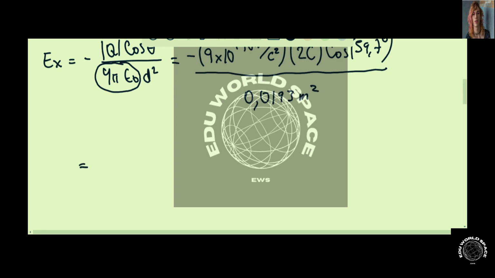Sorry. So this gives us a value for the x component of the electric field of minus 4.699 times 10 to the 11 newtons per coulomb.